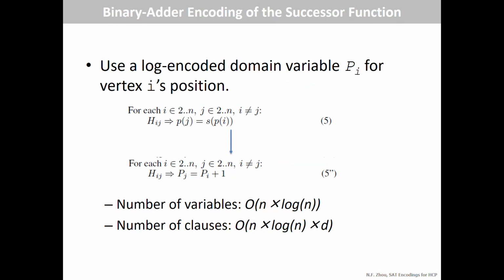In the binary adder encoding, we use log encoding for the domain variables, and the transition constraint is encoded as follows. For each vertex i and vertex j, if i and j are connected, then j's position is i's position plus 1.